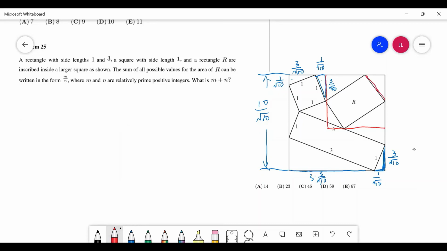This triangle is actually congruent to this triangle and similar to these two right triangles. Right, and these two triangles are congruent. So we can mark this side. So this is going to be 3 over square root 10.